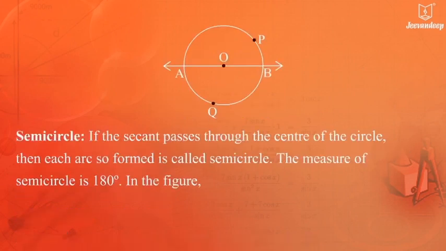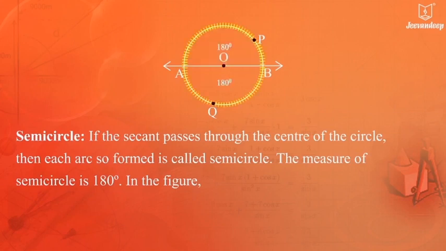Semicircle. If the secant passes through the center of the circle, then each arc so formed is called semicircle. The measure of semicircle is 180 degrees.